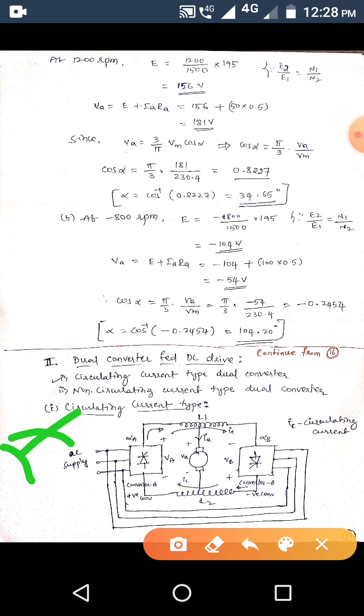You can call them A, B, C lines. A is connected to A, B is connected to B, and C is connected to C.